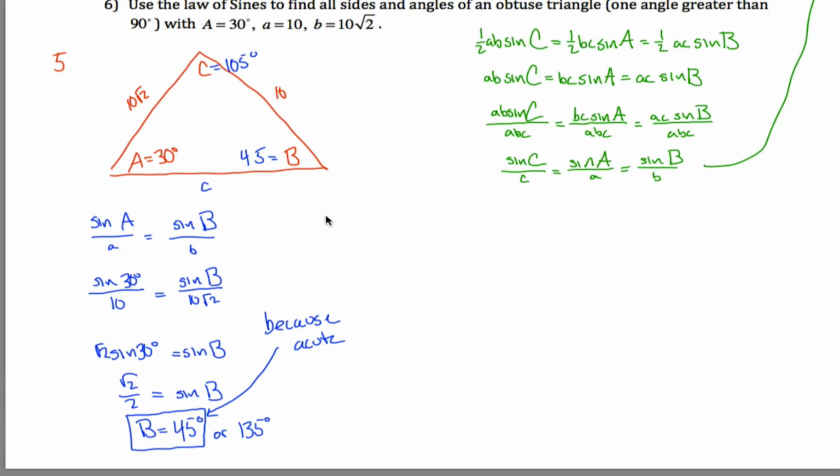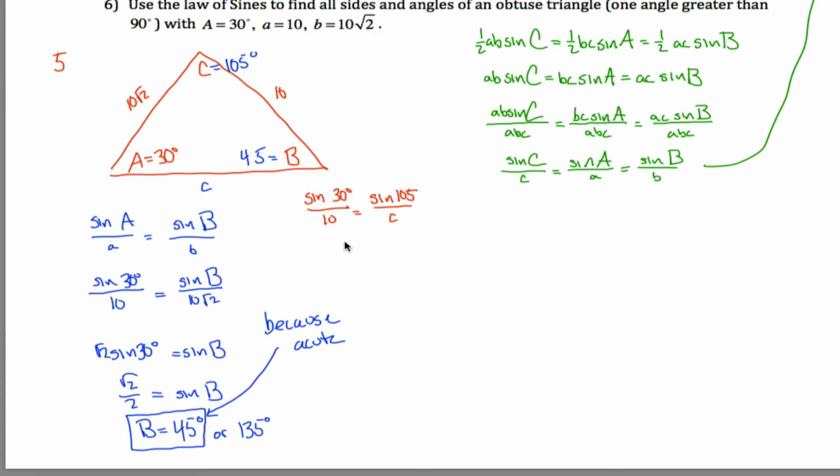But I can figure out what c is equal to using the law of sines. Maybe I'll say that the sine of a, 30 degrees, divided by 10 is equal to, if I want to know little c, let's use the sine of 105 degrees divided by c. So I can figure out c because the sine of 30 degrees is just 1/2.